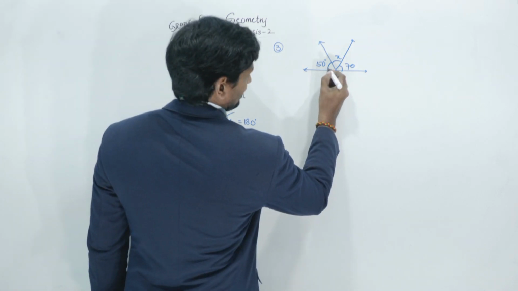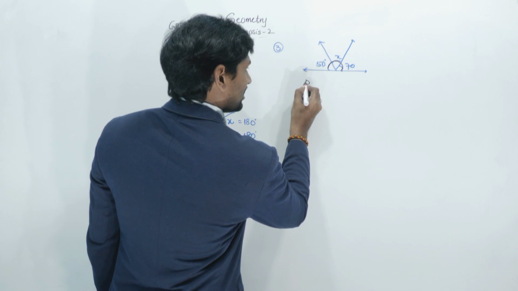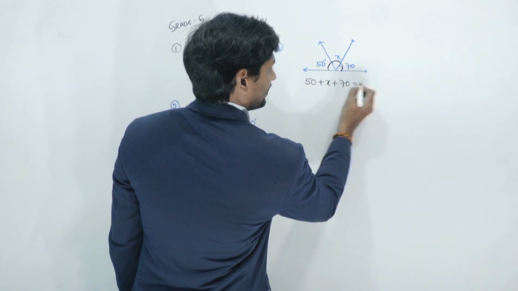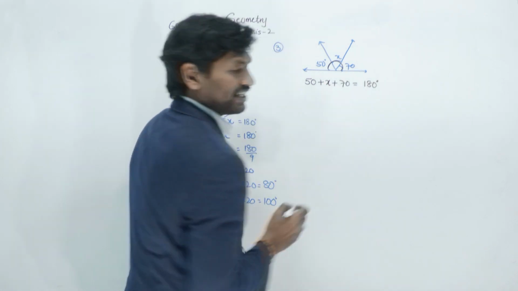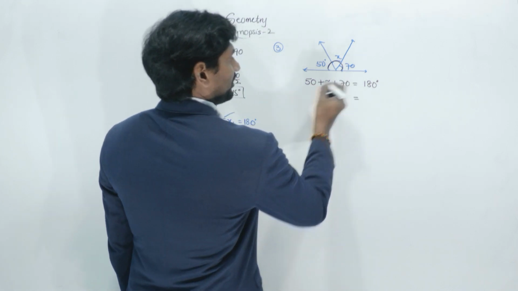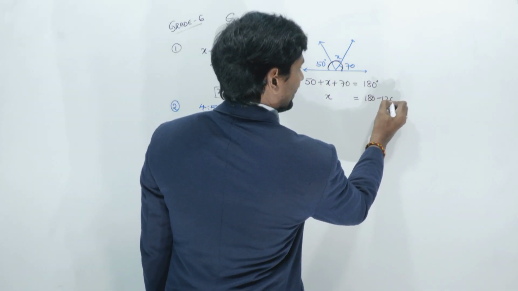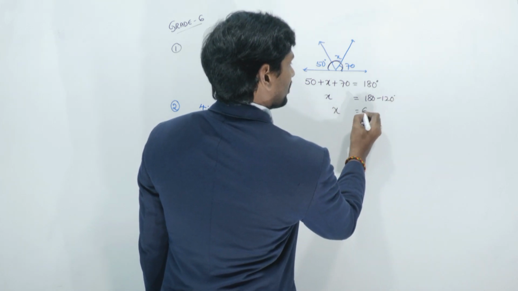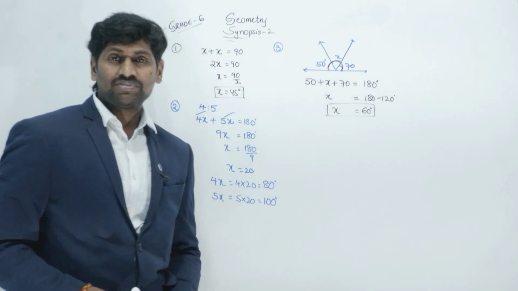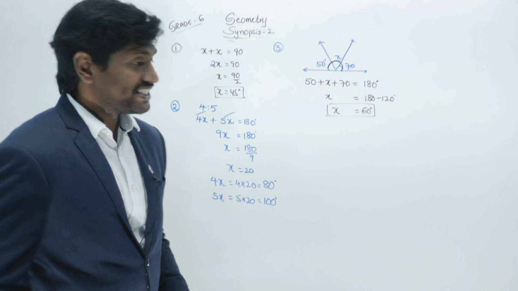So we can say that a straight line indicates 180 degrees. So the sum of these three angles equals 180. Now x equals 50 plus 70, 120, transpose that side, 180 minus 120 becomes 60 degrees. So the required x value is 60 degrees.